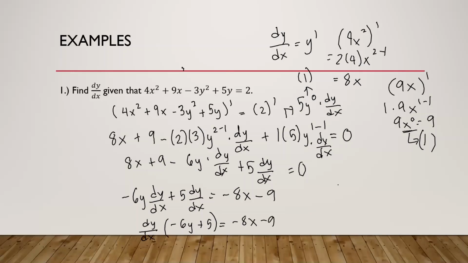So, ang gagawin natin is divide both sides by negative 6y plus 5 para makahanap na natin si dy over dx. So, ito po yung ikakalabas na natin. So, this is the dy over dx of the given equation.